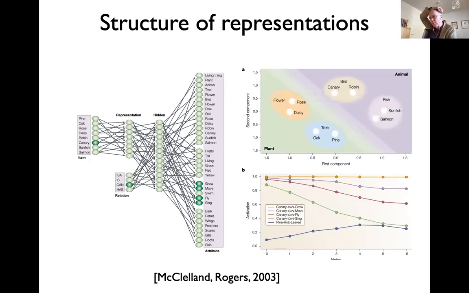So here's an example from work that's interesting to me as well, again from McClelland's group with someone called Rogers, where they are looking at how people classify certain objects, and they're reconstructing a metric of how similar these objects are based on dimension scaling.